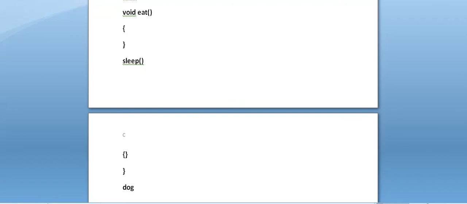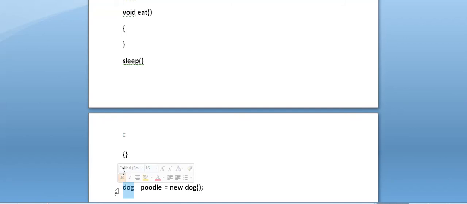Dog is the name of the class. Suppose I am giving my name of the dog as Poodle. This is Poodle, here is the object, is equal to new is the operator, dog is the constructor. Fine.